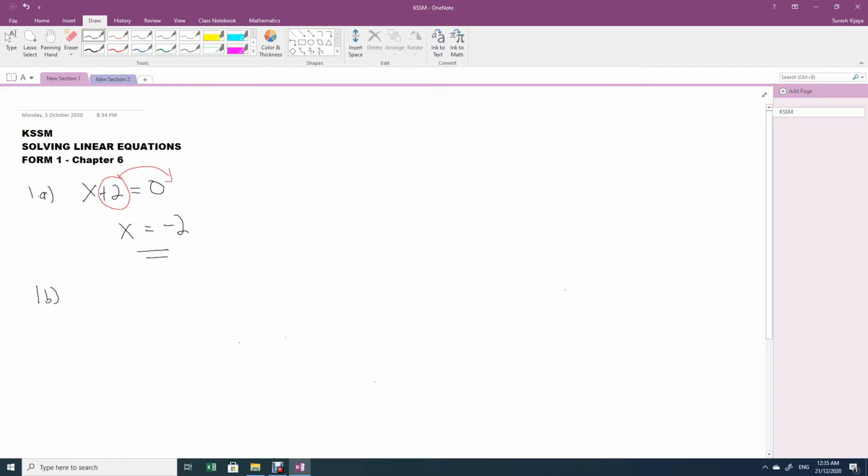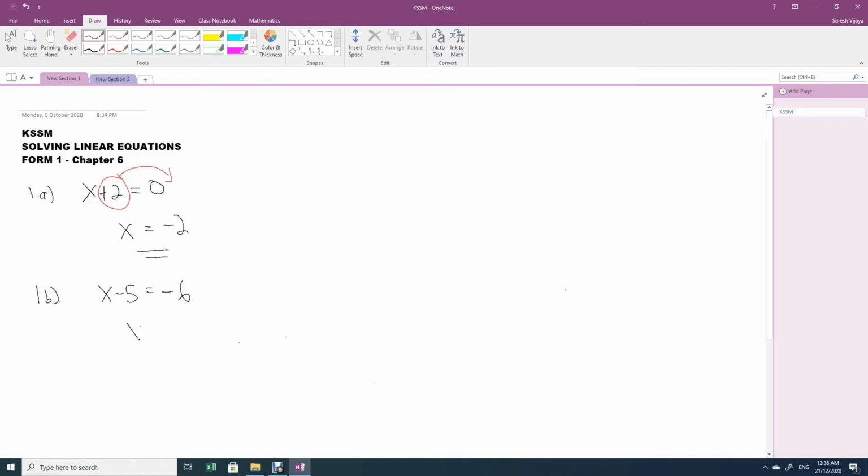Let's see more examples. 1b will say x minus 5 equals to -6. So now we have to solve x. To solve x, we need to bring -5 to the right hand side because we want to leave x at the left hand side.